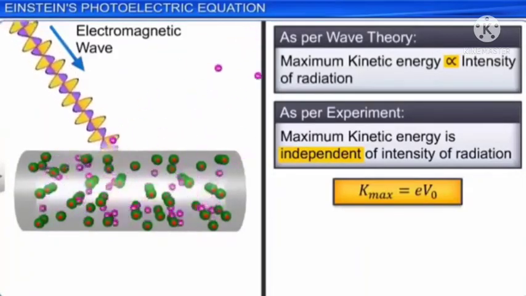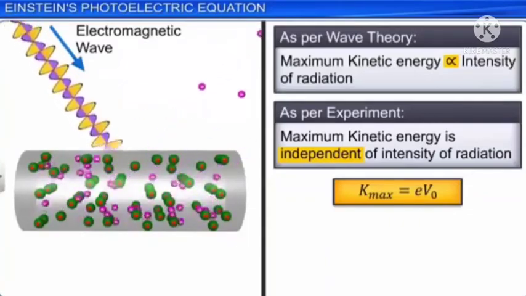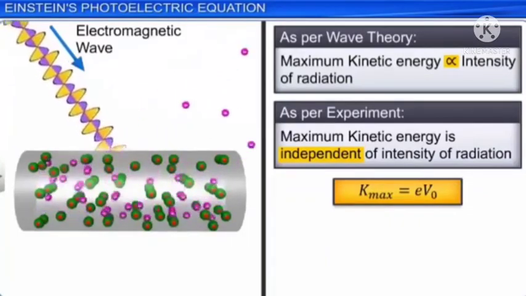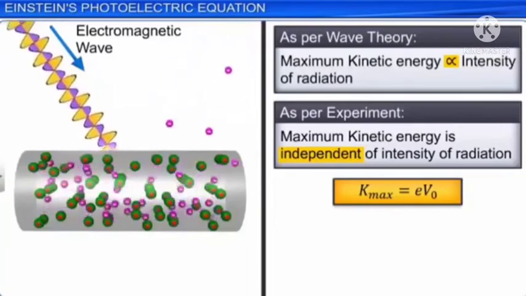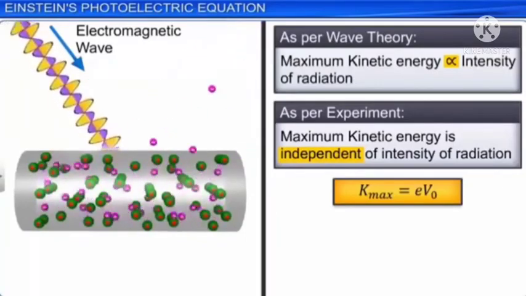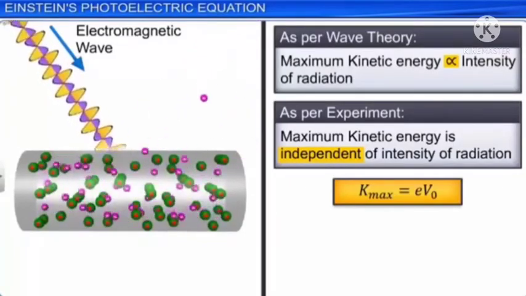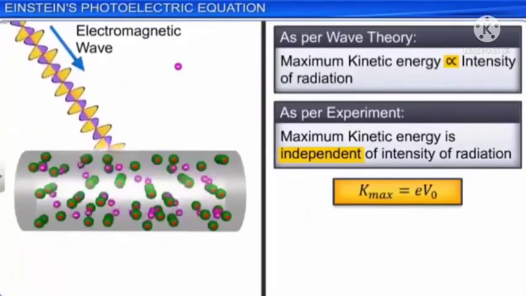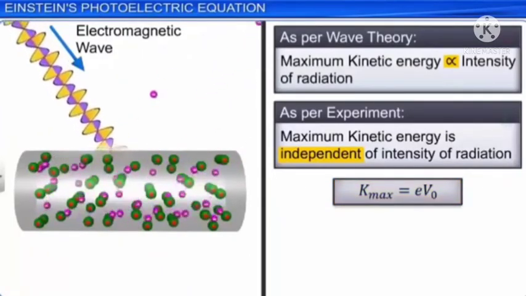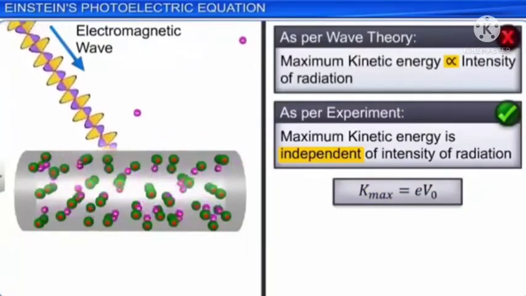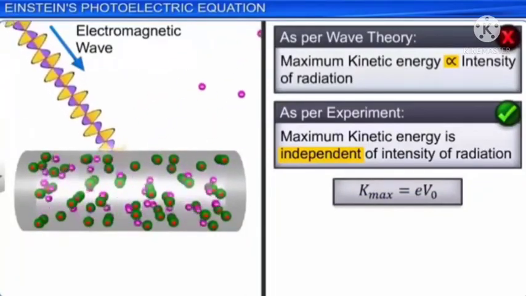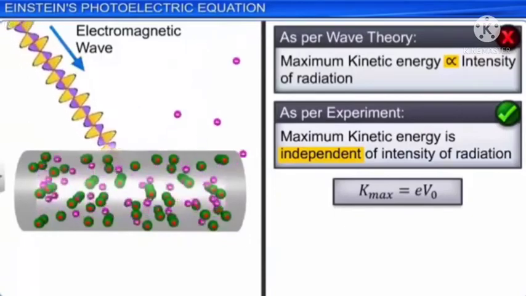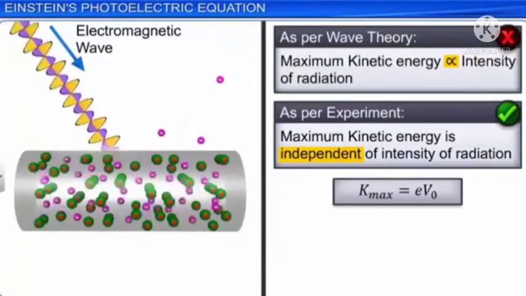This shows that the kinetic energy of the photoelectrons is not dependent on the intensity of radiation, which contradicts the wave theory. Therefore, the experiment shows that the maximum kinetic energy of the ejected electrons is independent of the intensity of the radiation.